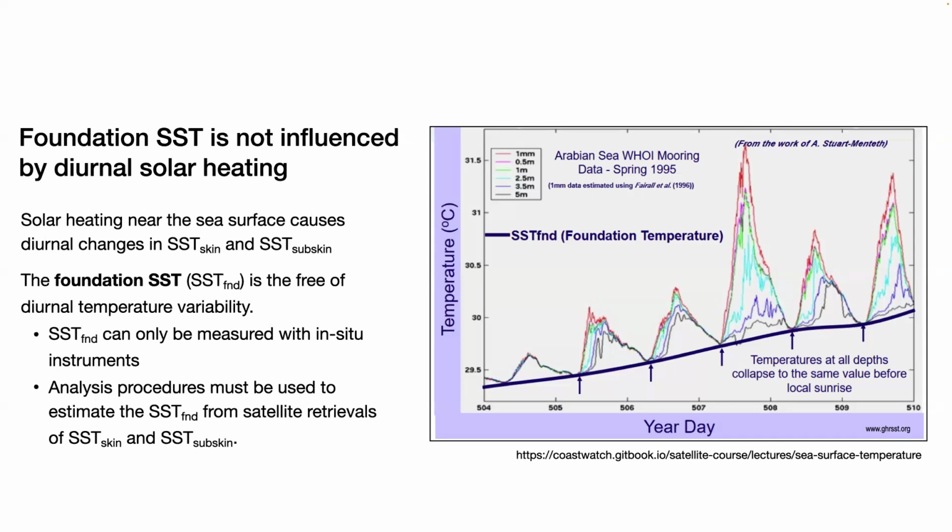Let's just say, if your satellite is always measuring nighttime, I guess that would be fine. Maybe if you measure nighttime, you'd always have something close to what you would call the foundation temperature, because satellite data products can be nighttime. So for ocean color, you get one snapshot when the satellite comes around, and then it comes on the backside, and you get no data for ocean color.